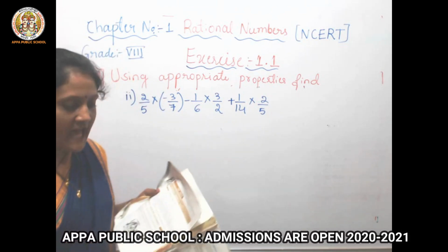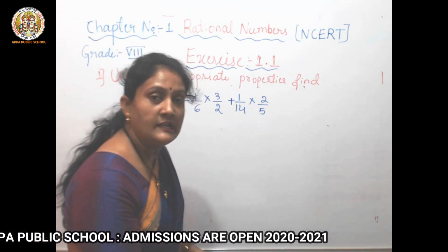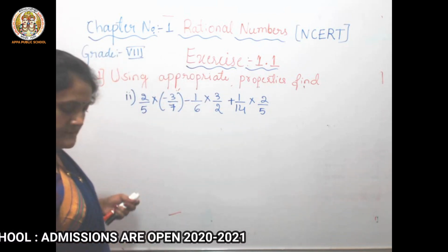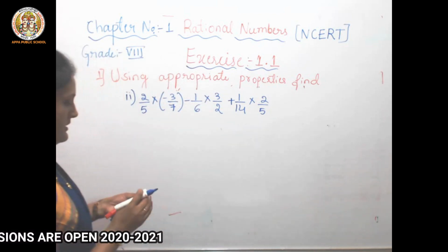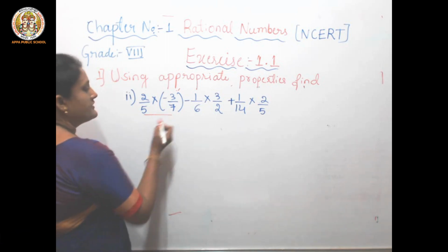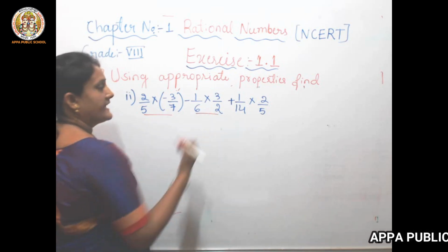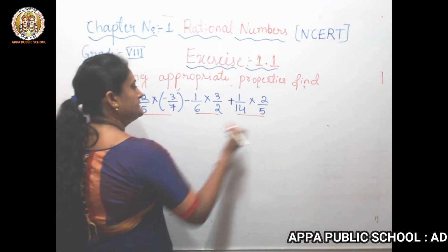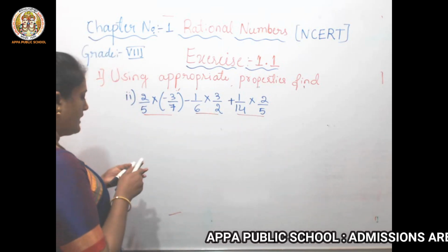Here also we have to see the terms, how many terms we have, isn't it? So look at the terms. Here also, this is the first term, this is the second one, and this is the third one. So 3 terms we have.